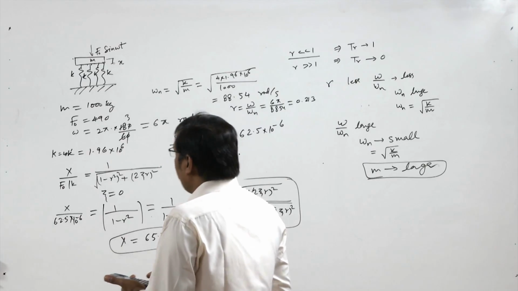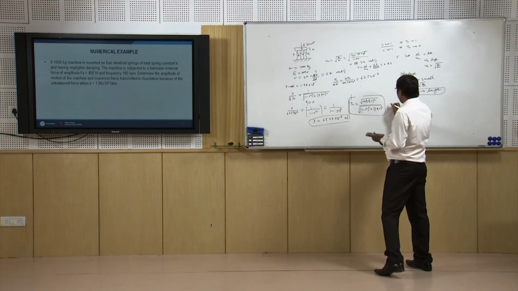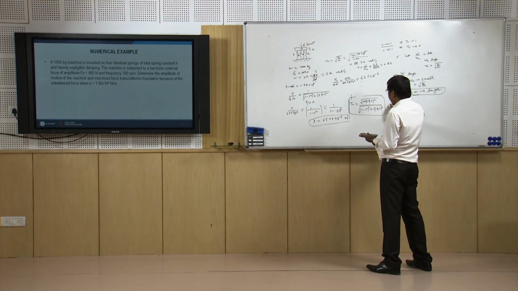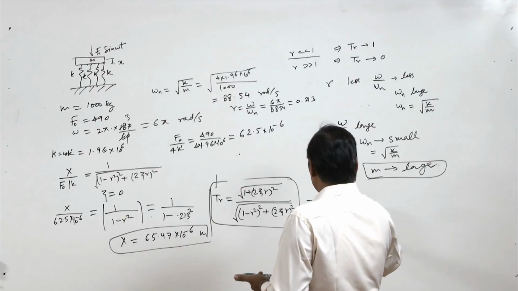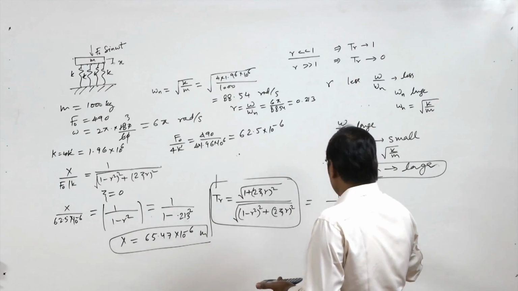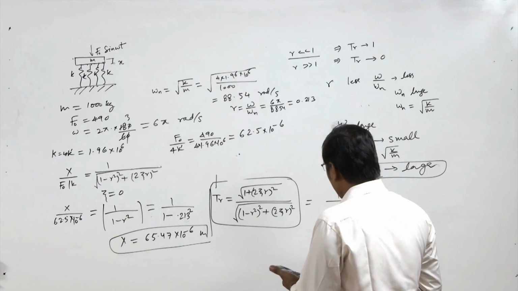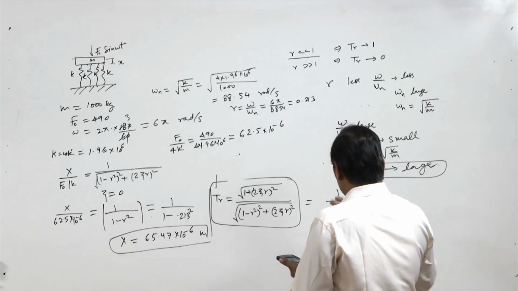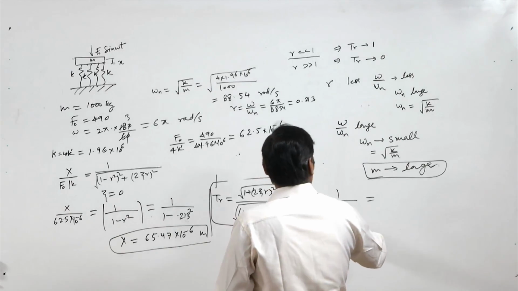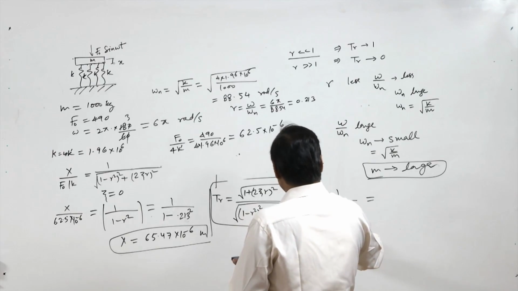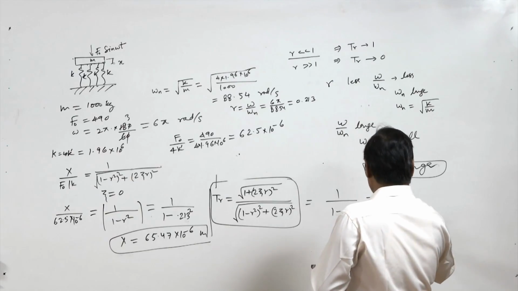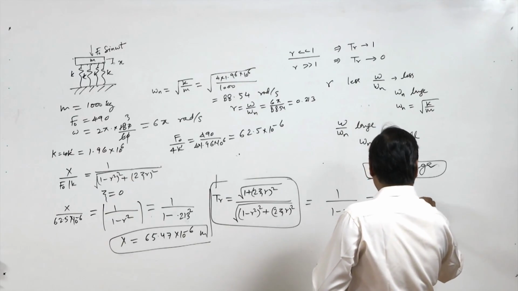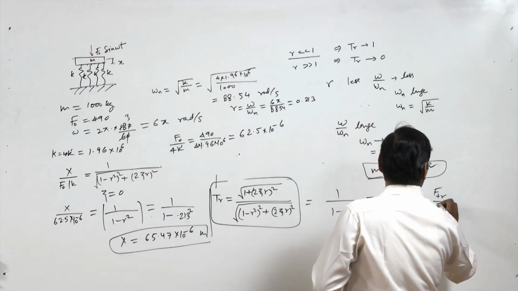Now we have to find the force transmitted. Here zeta equal to 0, so it is the same as 1 by 1 minus r square. Sorry, this is the transmissibility, from which we can find the force transmitted. So first we find 1 by 1 minus 0.213 square, and that is Ftr by F0.